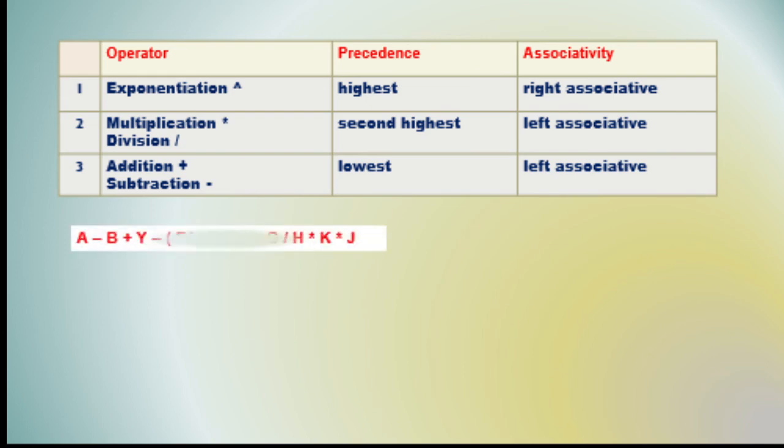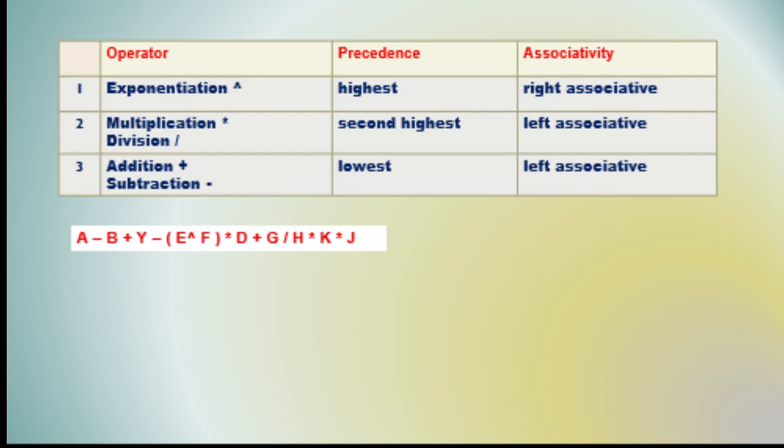Our given infix expression is A - B + Y - (E ^ F) * D + G / H * K * J. Okay, so the first thing that we need to consider here is if there is an expression inside the open and close parenthesis, and we need to start from that.